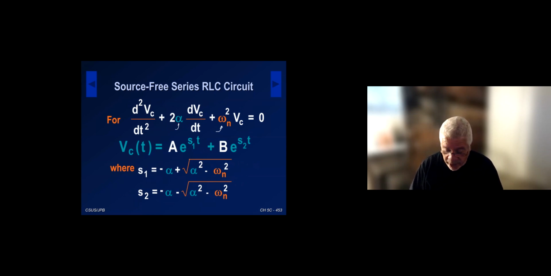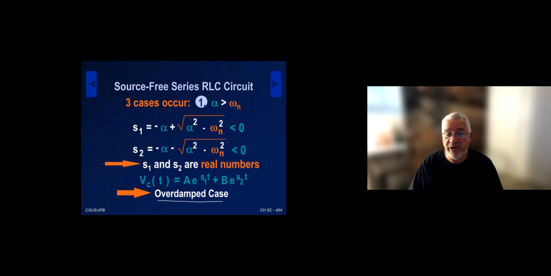The first case is the overdamped case, when alpha is larger than omega n, the natural resonant frequency. This is the case when you turn off your computer and you hear that sound go, because all the energy is dying out. That's the case you hear. Okay.